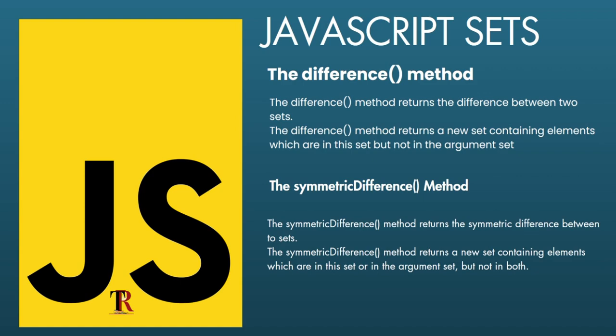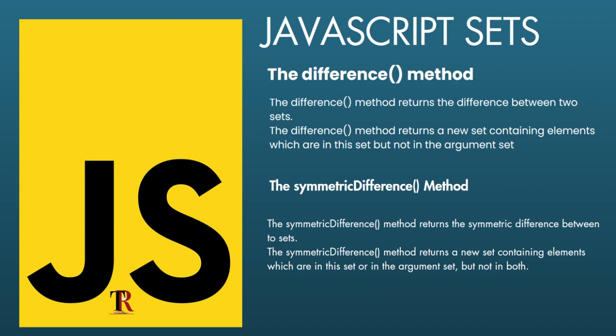In this lesson, we are going to be examining the difference between both of these methods and practical examples of each method, on how they work with sets and what to expect when you use this method with sets in JavaScript. Now, let's start with the first method, which is the difference method. The difference method returns the difference between two sets. So this basically means that when you have two sets, let's say you have set A and set B just for example, you want to find out the difference between the two sets.